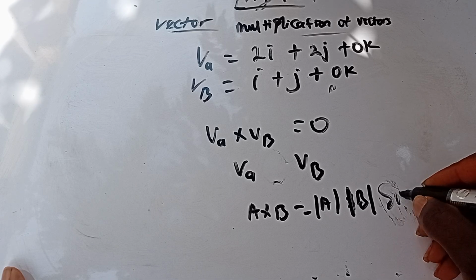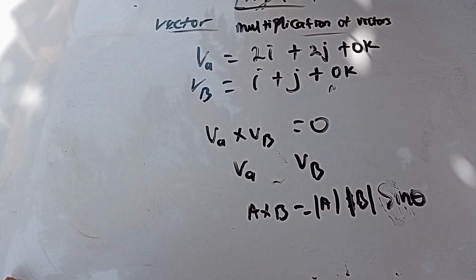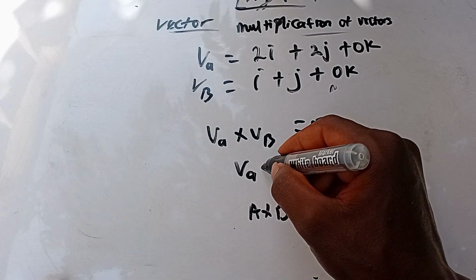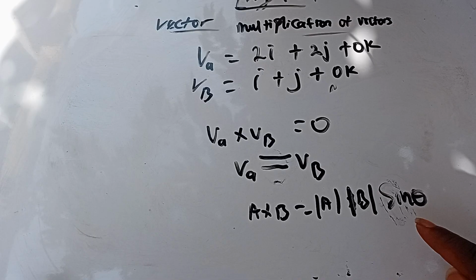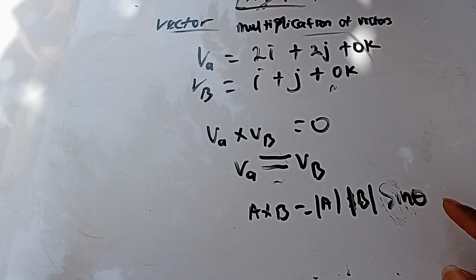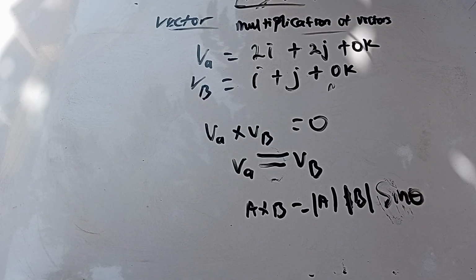So if VA cross VB equals 0, that means VA is parallel, not perpendicular, to VB. They are in the same direction. If they are in the same direction, the angle between them is 0.